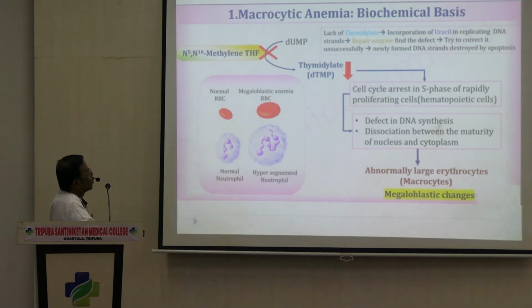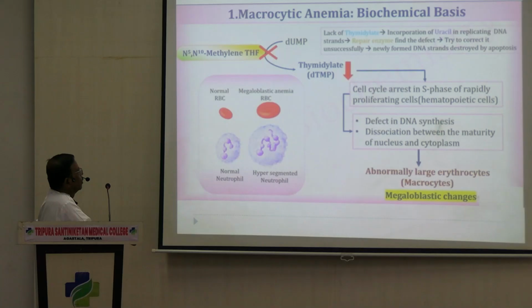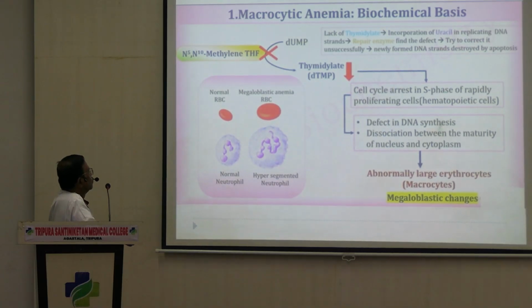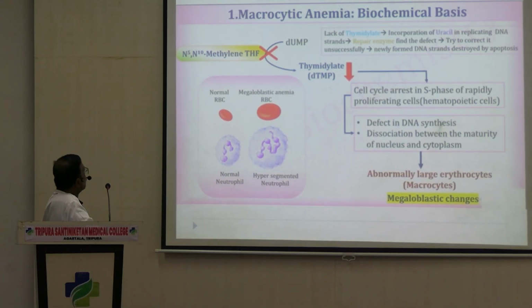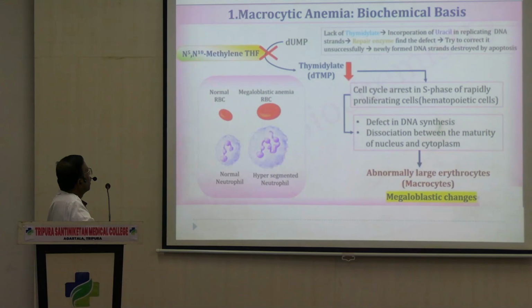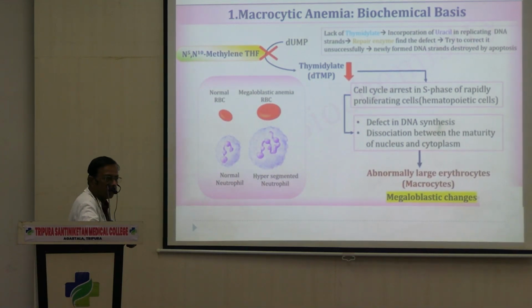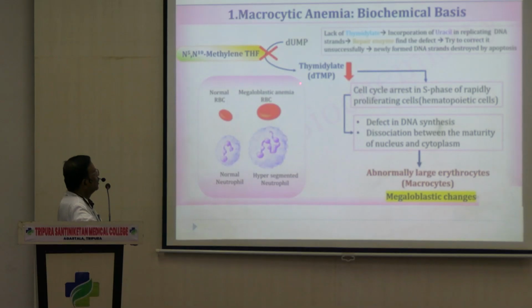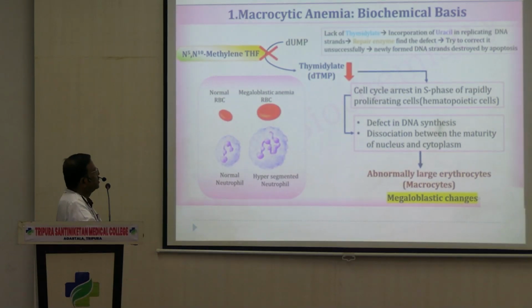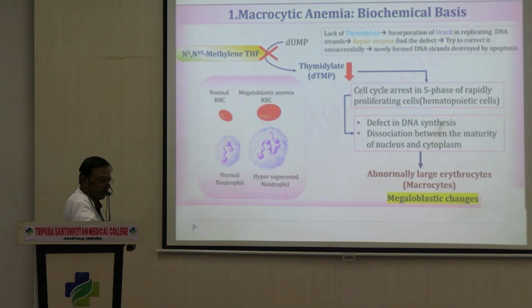Now, macrocytic anemia, what is the reason? Due to folate deficiency, there is deficiency of N5, N10 methylene tetrahydrofolate. This is another 1-carbon transporter. So there is decreased synthesis of thymidylate.